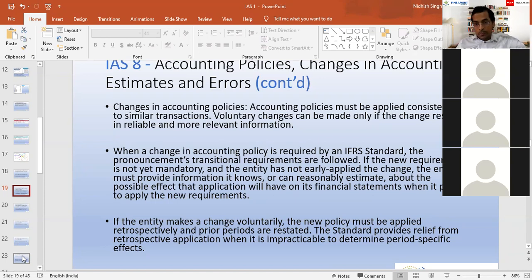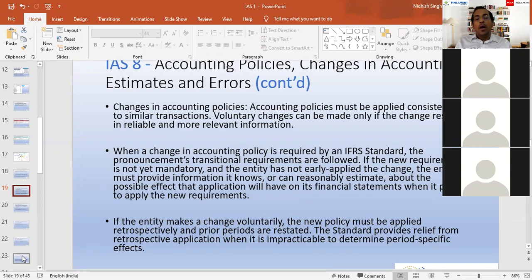Then it should be the change in 2018 also, Nadish, because effectively, yeah, otherwise January 1st, 2019 cannot be changed. So we need to apply that for 2018 numbers as well. And that disclosure has to go into the disclosure notes.